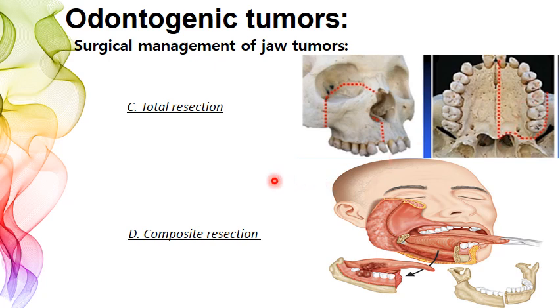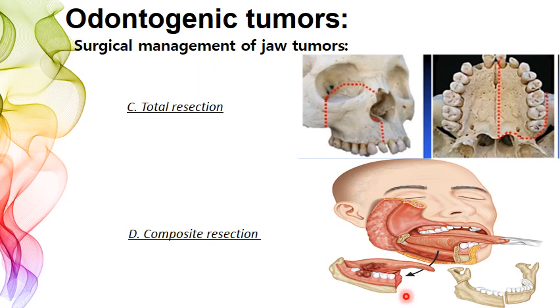In composite resection, which is the fourth type of resection, we do resection of the tumor with the bone, with the adjacent soft tissue, with the lymph node canals.